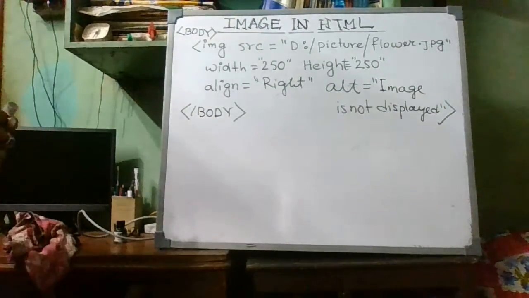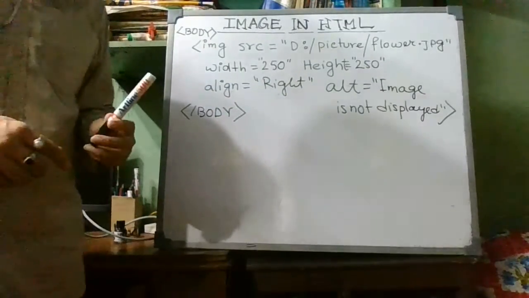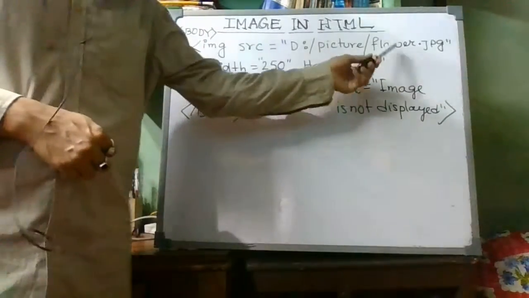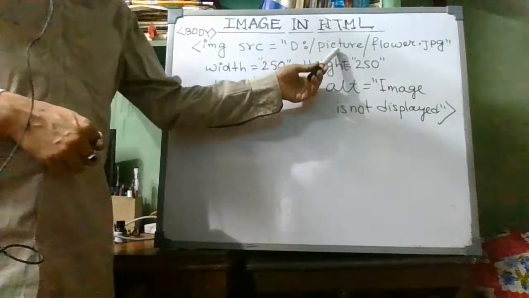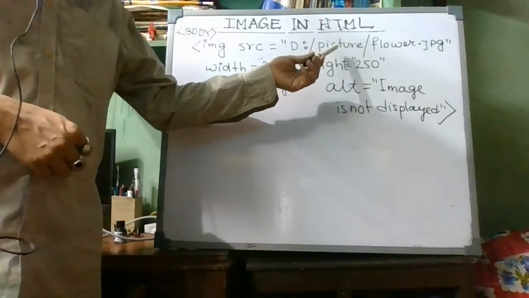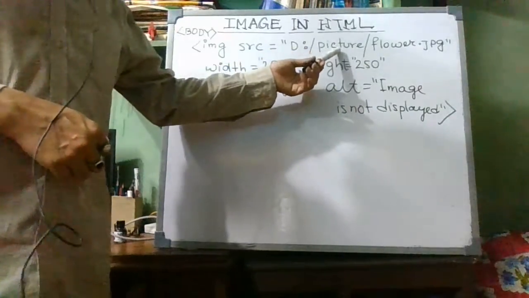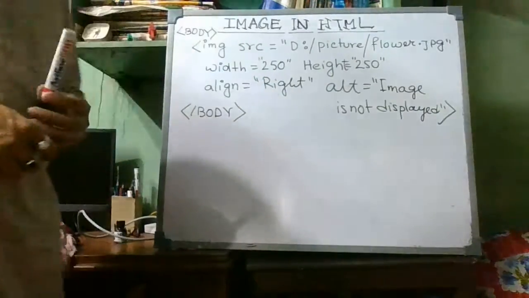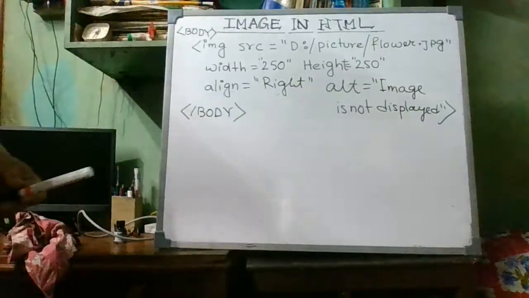So alt is an attribute of the img tag which tells you that if your mentioned picture is not there in the following directory or in the following folder, then this alternative text will be displayed.